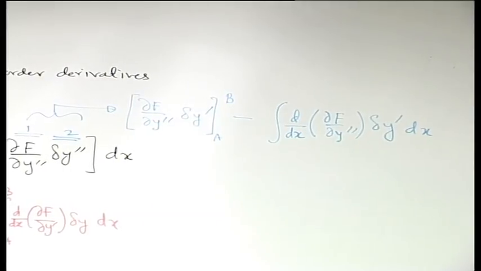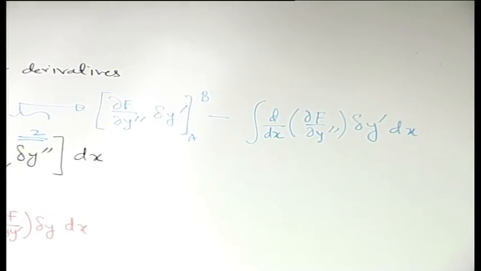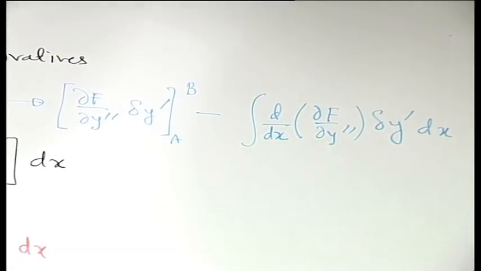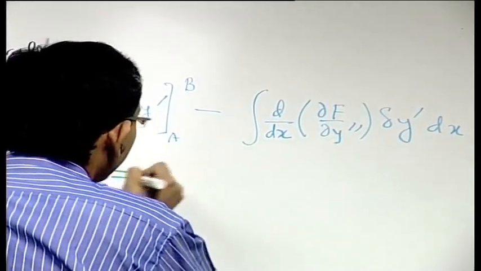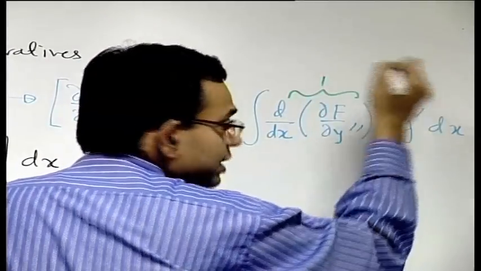So, we have been successful in reducing the derivative by one order, we will reduce it by further one order. So, we will integrate the second term by parts, as this as the first function and this as the second function.